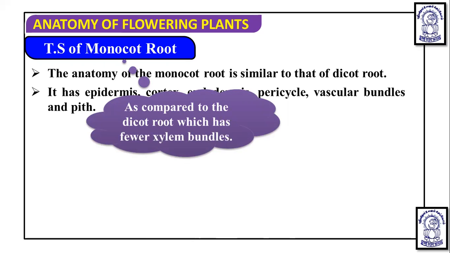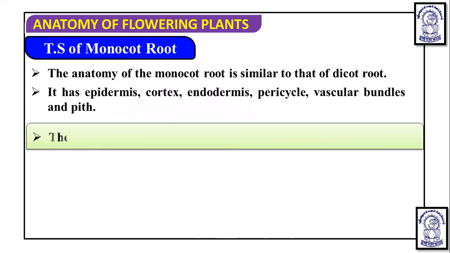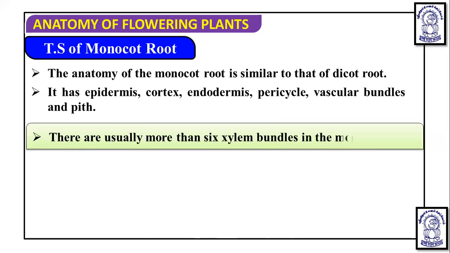As compared to the dicot root, which has fewer xylem bundles, usually 2 to 4, but a maximum of 6, in the monocot root there are usually more than 6 xylem bundles, meaning more than 6 xylem and 6 phloem.